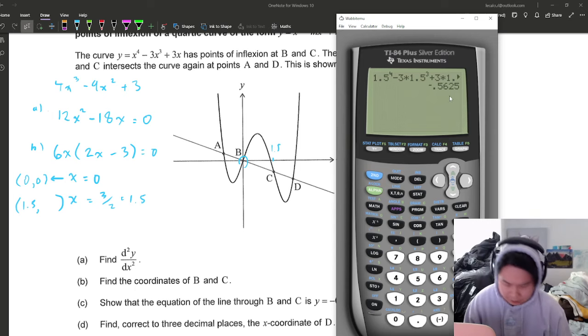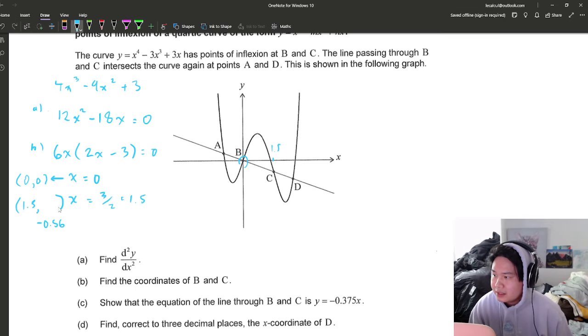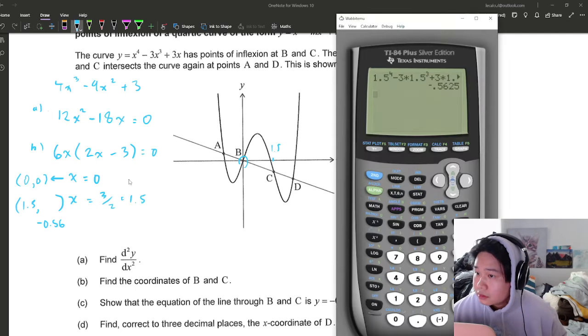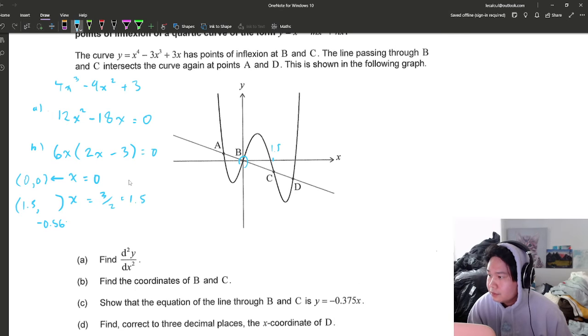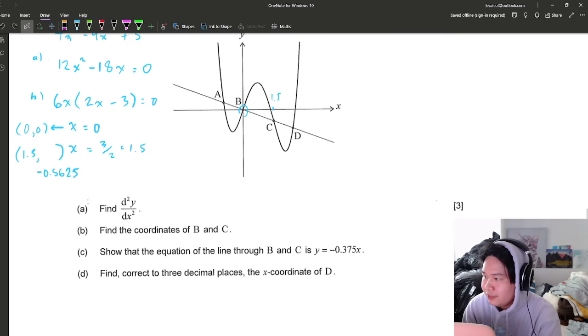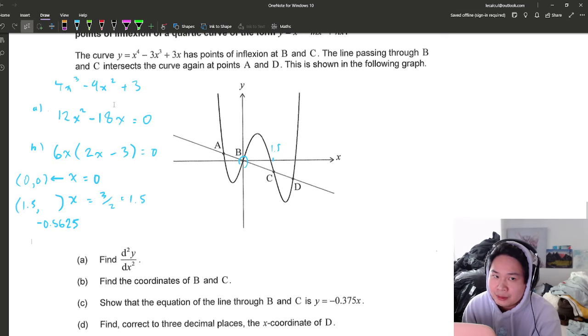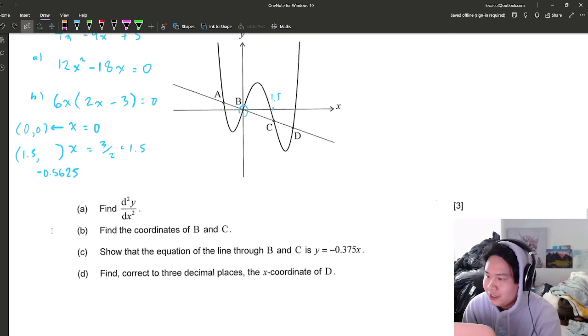And here you go, as long as I put that in properly. Negative 0.5625. Now, because this is an exact value, we can have more than 3 sig figs, I think. Usually IB says you need to give 3 significant figures, but if it's an exact value, then maybe it'll be fine. Or you can just do all this work as a fraction, but whatever.